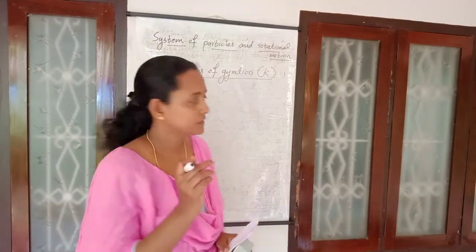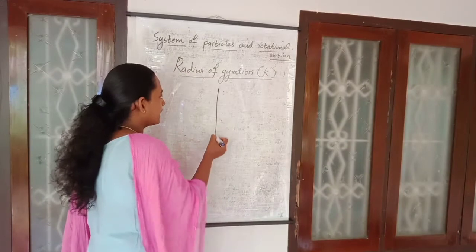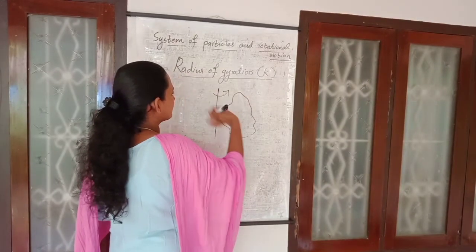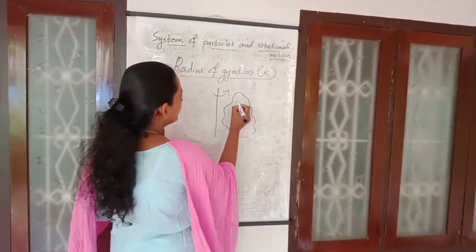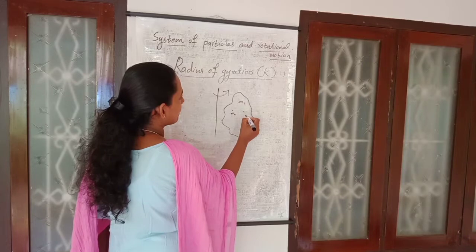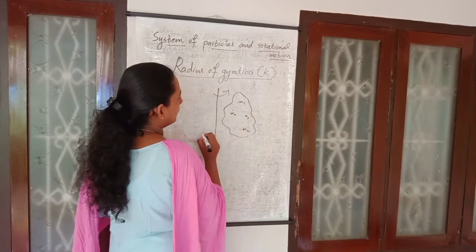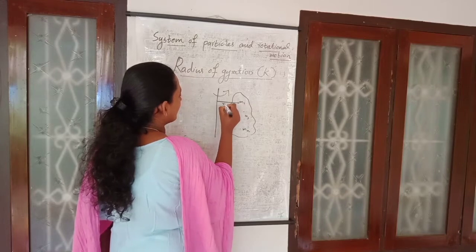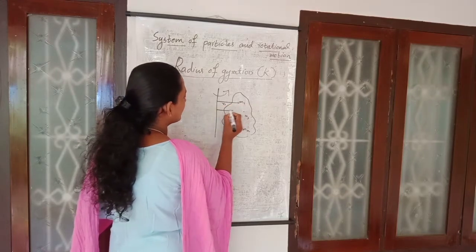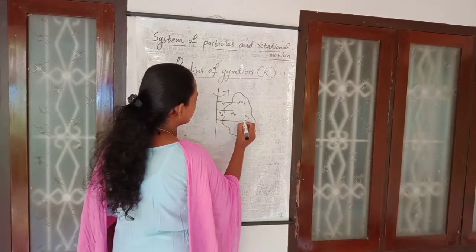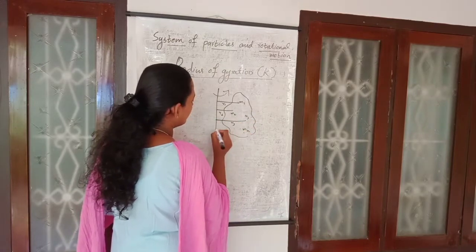Suppose we are considering a rigid body rotating about this axis, and in it there are a number of particles m1, m2, and so on up to mn, each at a different distance from the axis: r1, r2, r3, and up to rn.